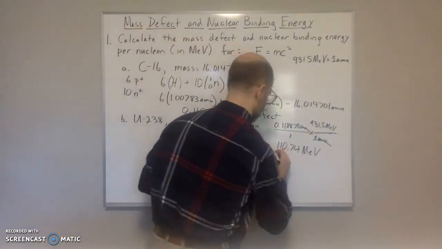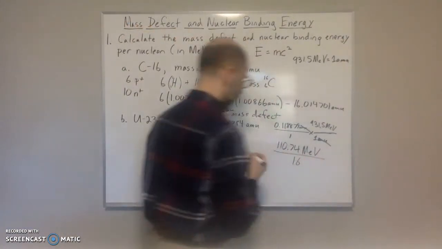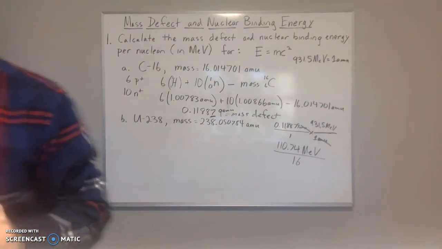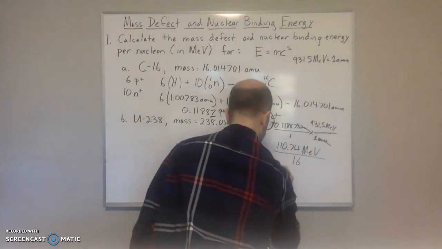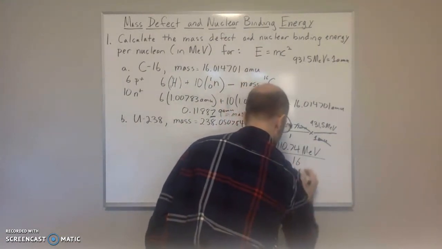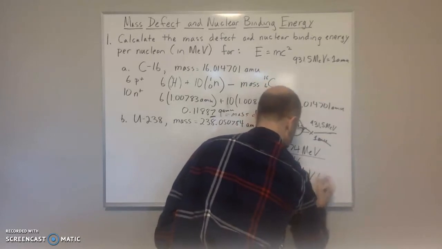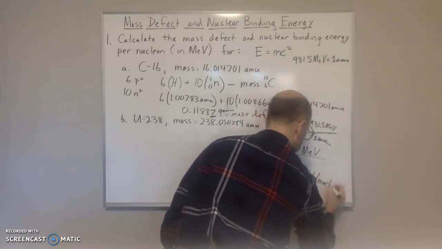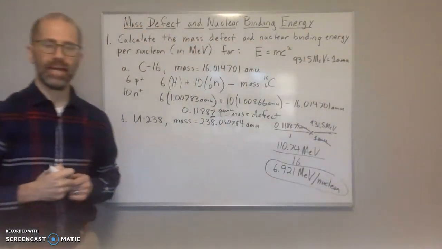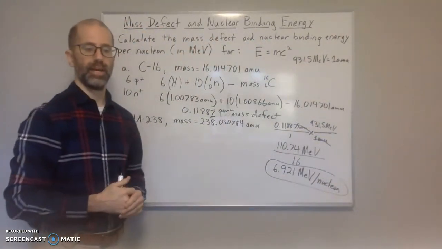So I'm going to divide this by 16, and I get the final answer of 6.921 mega electron volts per nucleon. So that is the binding energy per nucleon.